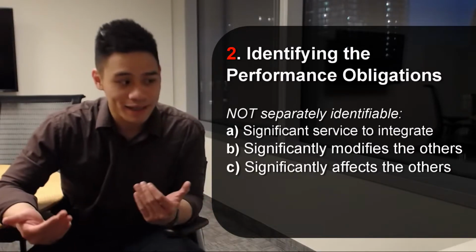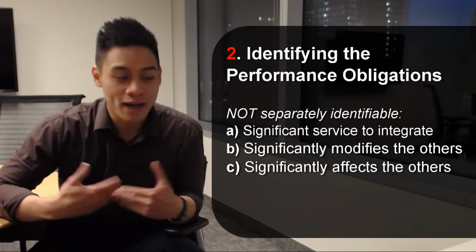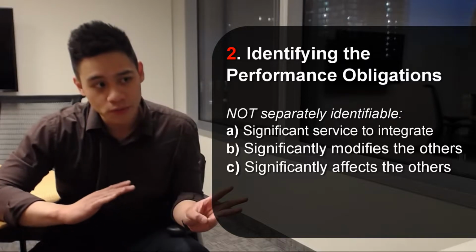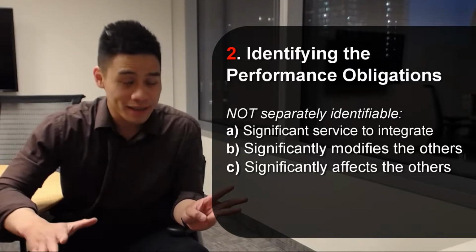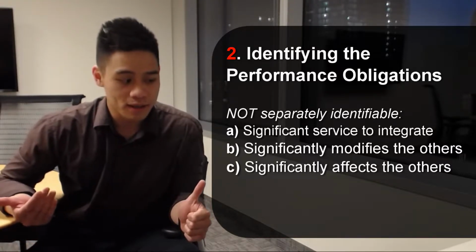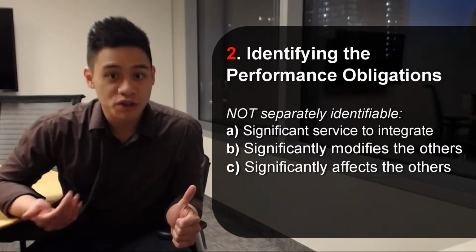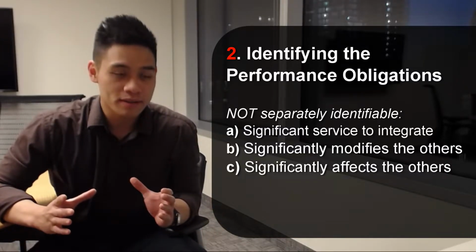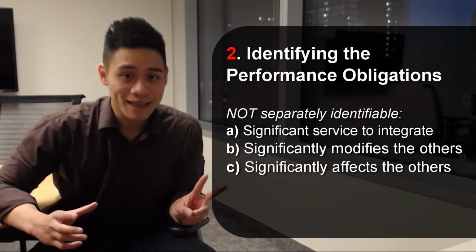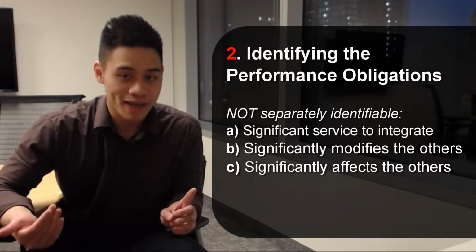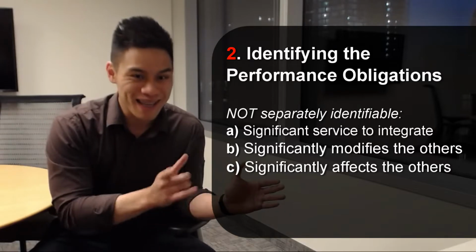There are also factors that indicate that the good or the service are not separately identifiable. There are 3 indicators. First, there's a significant service of integrating the good or the service into a combined output specified by the customer. The second is the good or the service significantly modifies or customizes the other goods and services in that contract.